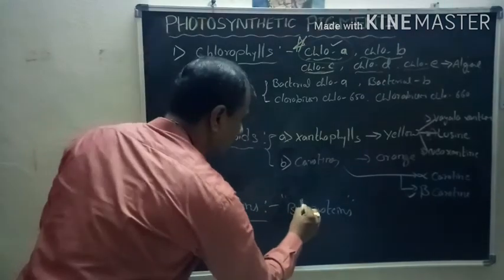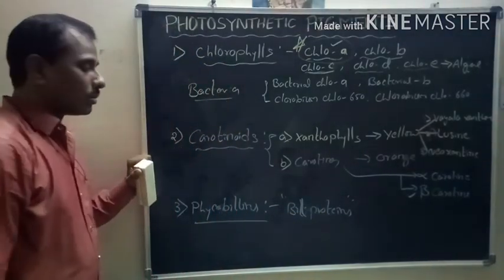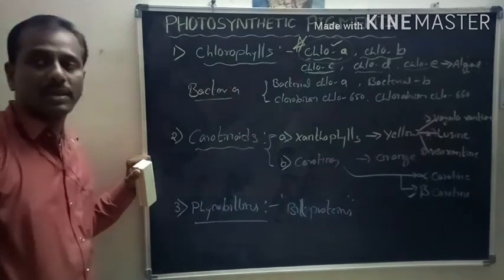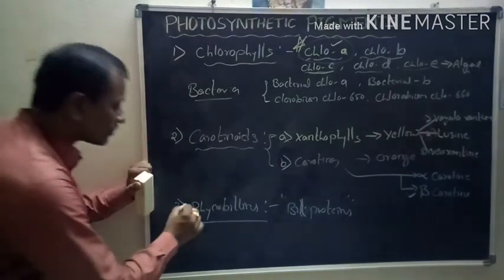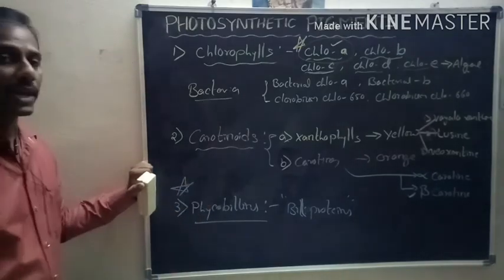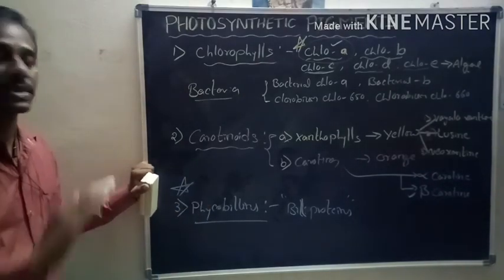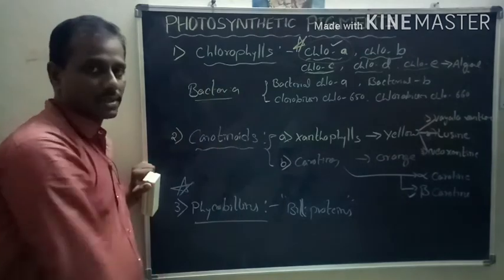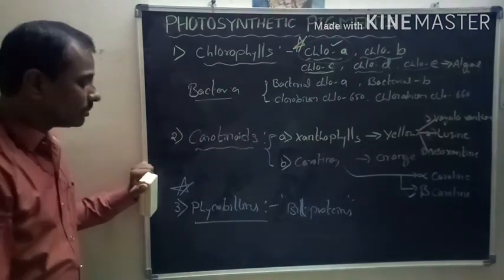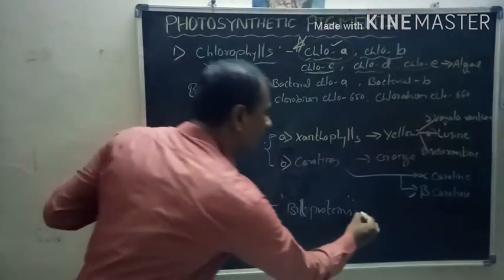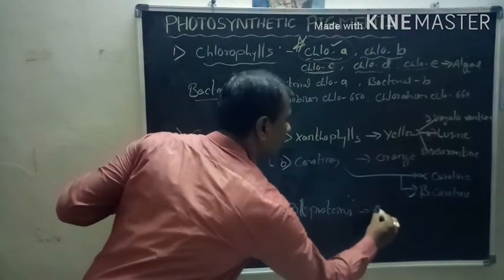Phycobilins and biliproteins, both are the pigments which are present in plants. So here see, phycobilins are completely absent in higher plants. Only algae have phycobilins.